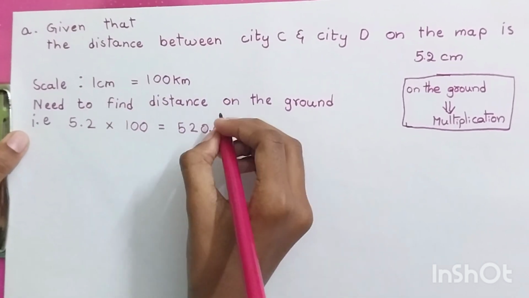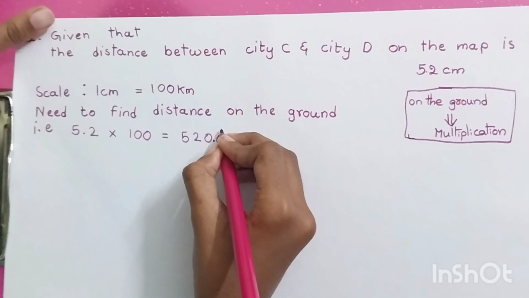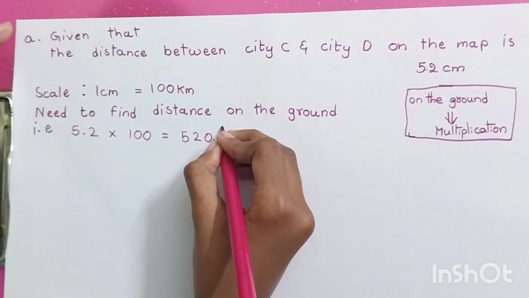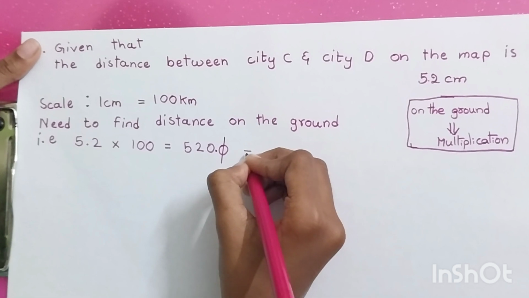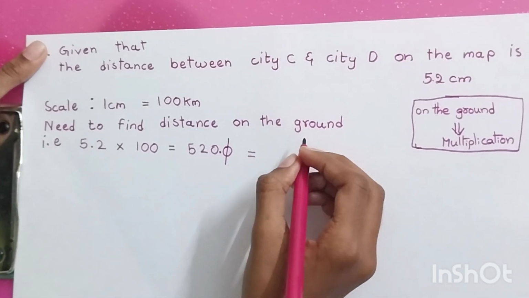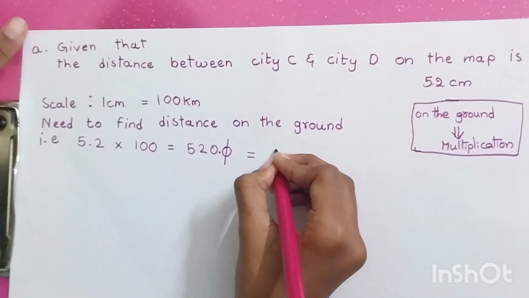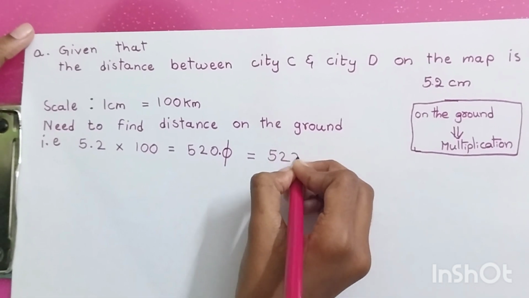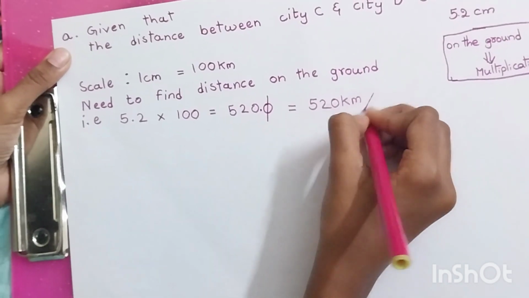In 5.2, the point is after one digit, so we place the decimal after one digit. And after the decimal all is 0, so we ignore that 0. So the final value is 520 and the unit will be kilometers. This is the answer.